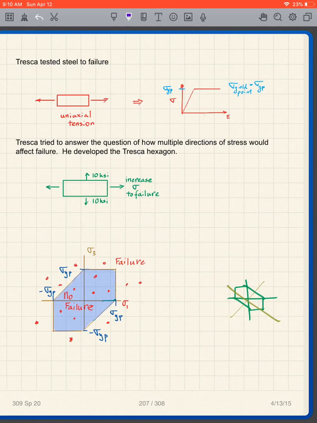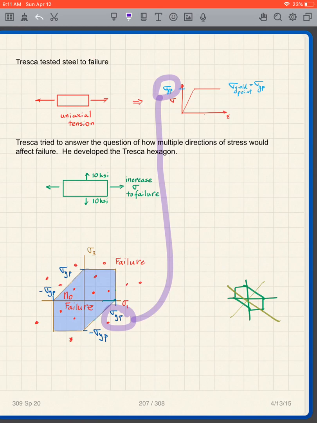Now, to create this hexagon, it's very straightforward. I take my sigma yp. That sigma yp comes from where? That comes from the uniaxial tension test. So what he did was, he used the uniaxial tension test because it's very simple to run, and you can get that value.